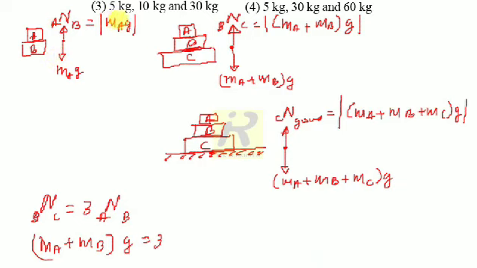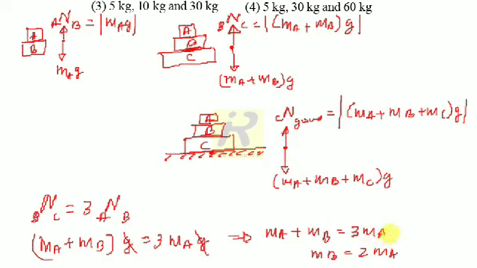NAB is simply MAG. So the term G gets cancelled. So finally what I am left with is MA plus MB is equal to 3 MA. So definitely MB is equal to 2 times MA. This is one condition which I must search for.